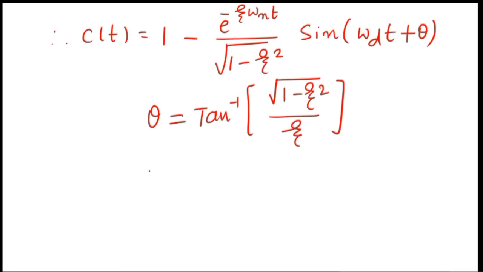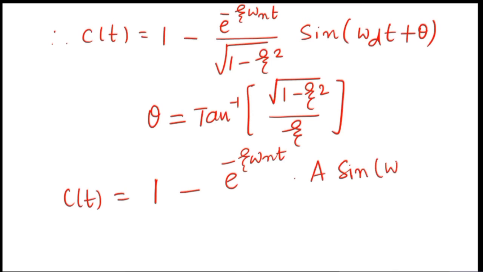If you observe, C of t consists of two components. One component is having a constant magnitude. C of t is equal to 1 minus some constant e power minus zeta omega n t into some amplitude A into sin(omega d t plus theta).